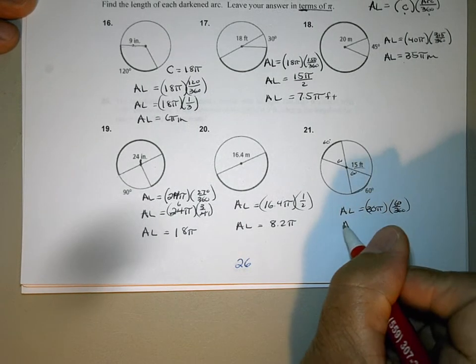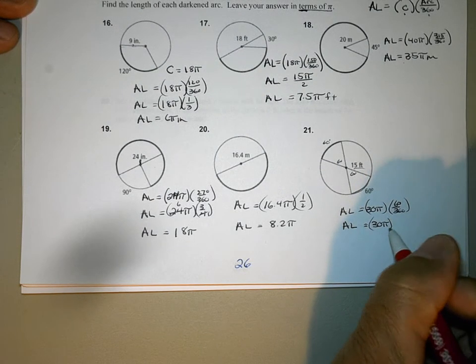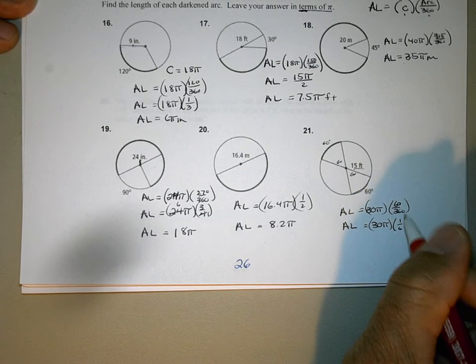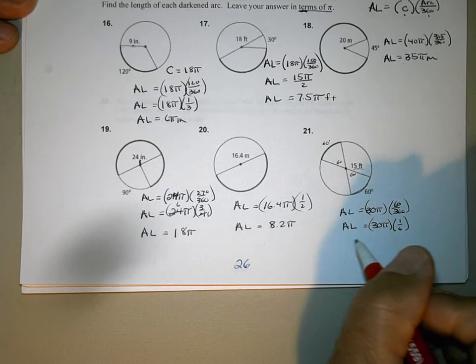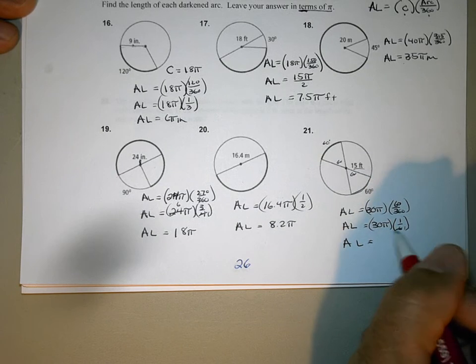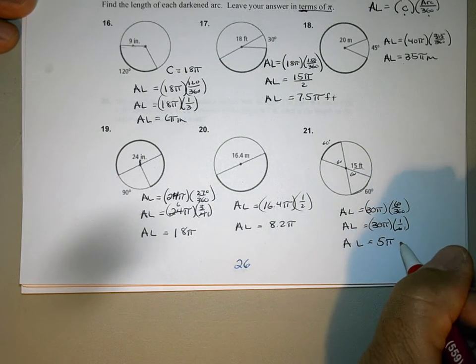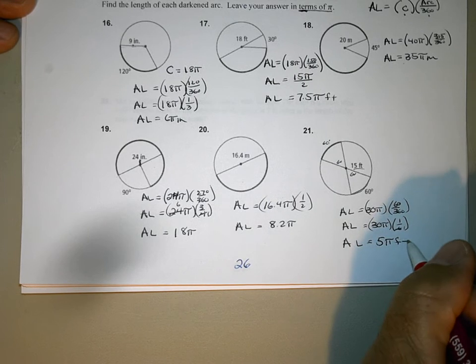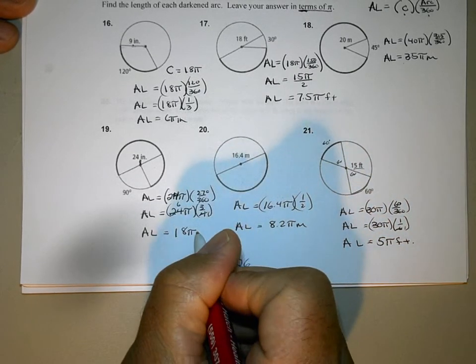We have an arc length of 30 pi times 1/6. 60 goes into 60 once, and 60 goes into 360 6 times, which means 6 goes into 6 once, 6 goes into 30 5 times, so we have an arc length of 5 pi, and that is feet. Don't forget your units, which I do quite often.